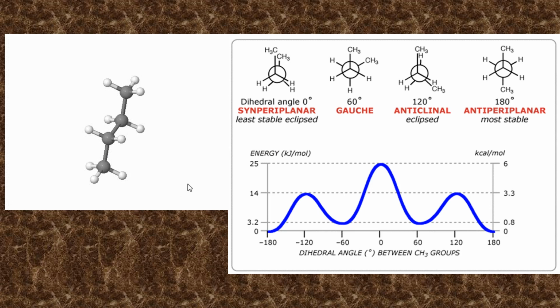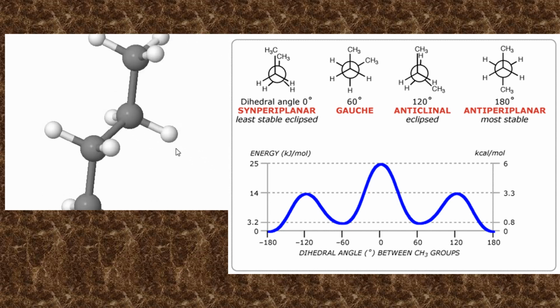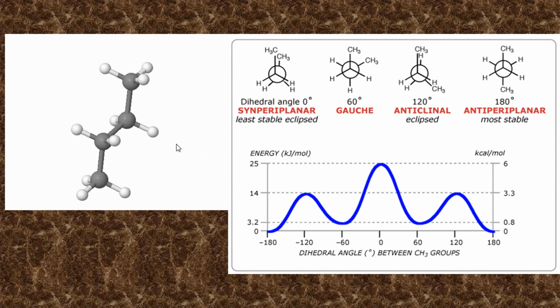This is the three-dimensional structure of butane, and now we are looking at the Sawhorse projection of n-butane. This is carbon number 1, carbon number 2, carbon number 3 and carbon number 4. And let us see the Newman projection of the same molecule.